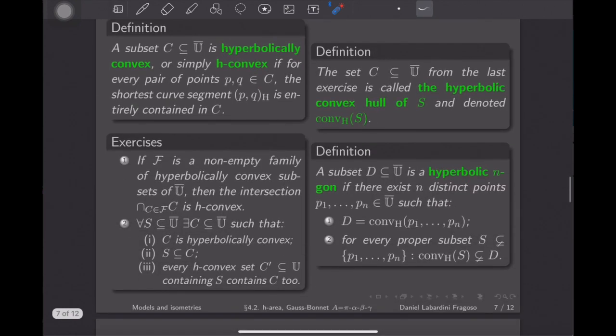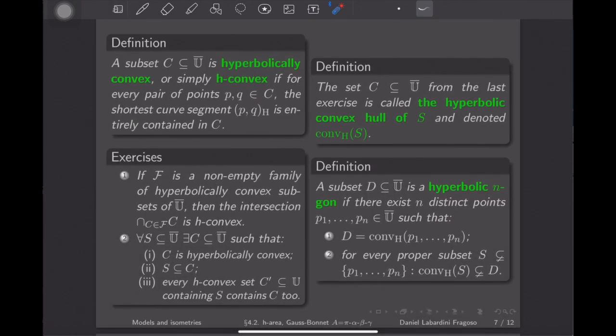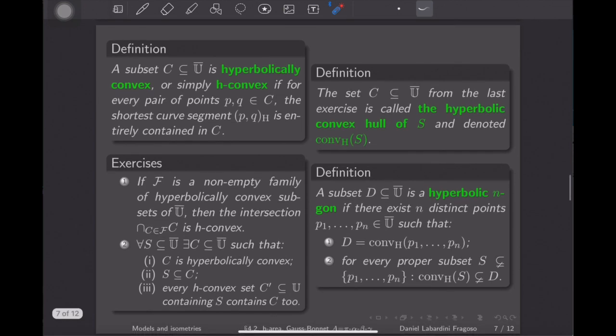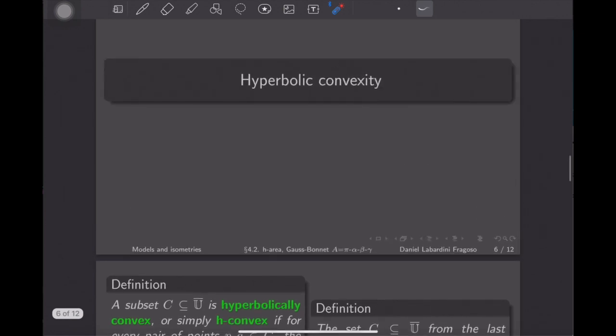And so, the first thing I want you to notice is that we know that any 2 points in U determine a shortest curve. Right? If I pick any 2 points, there is exactly one shortest curve joining them.